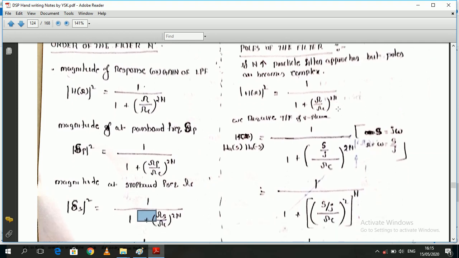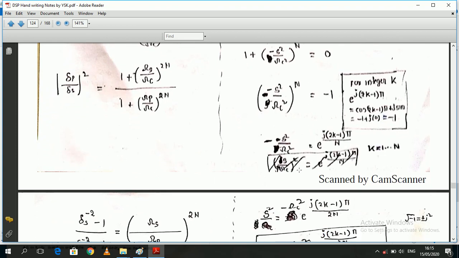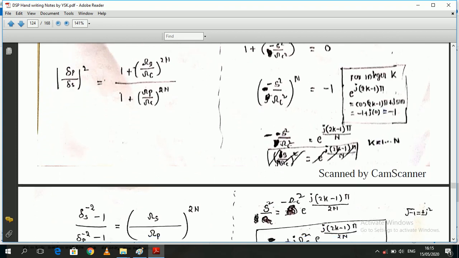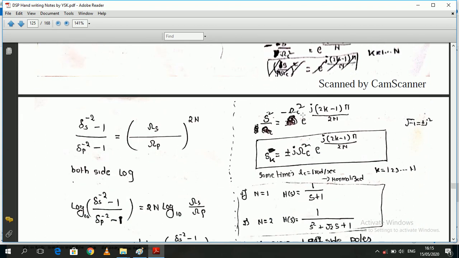If you take the same formula, the transfer function, you require a transfer function in the S plane, so omega can be replaced with s by j. You know very well s is equal to j omega, so we can replace omega by s by j. Finally, after normalizing, s squared by omega c squared, the value becomes like this. After that, s squared is equal to minus omega c squared e to the power j (2k minus 1) by 2n pi.